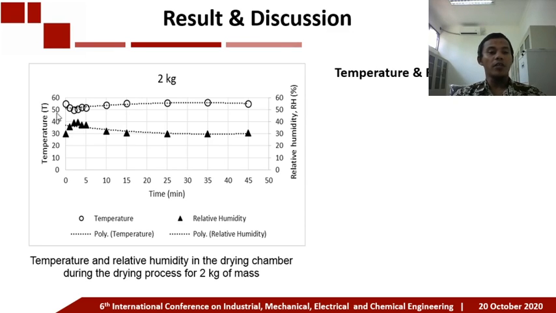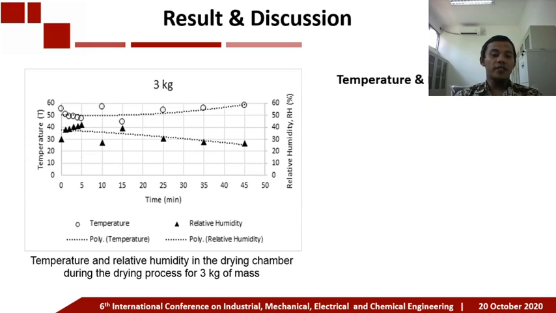The decrease in temperature and the increase in relative humidity occur in the first 3 minutes of drying. This is the decrease of temperature, and this is the increase of relative humidity. And the drying chamber temperature increases until 35 minutes, and then decreases until the 45 minutes.